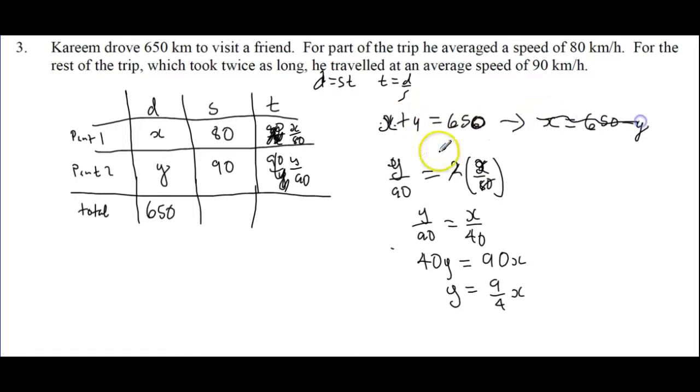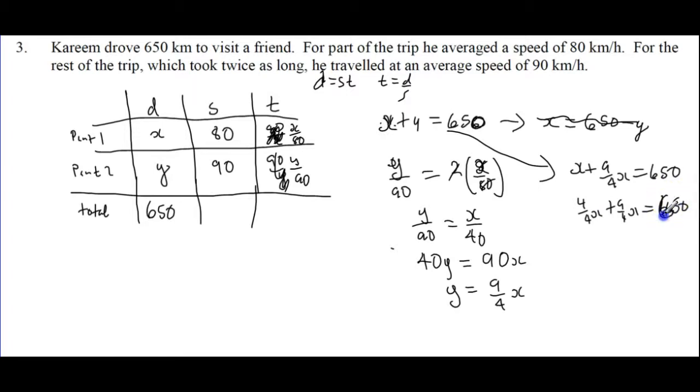And then, yeah, forget this. Let's just go back into here. So we've got x plus 9/4 x is 650. This will be 4/4. Thirteen over 4 x is 650. Multiply by 4. 13x is 4 times 650, 2600.